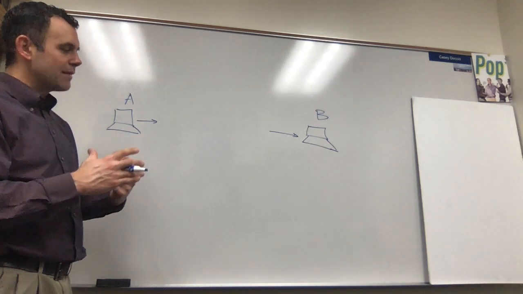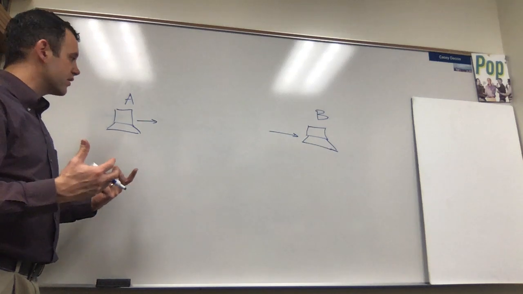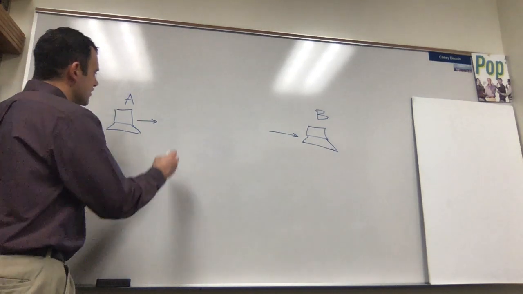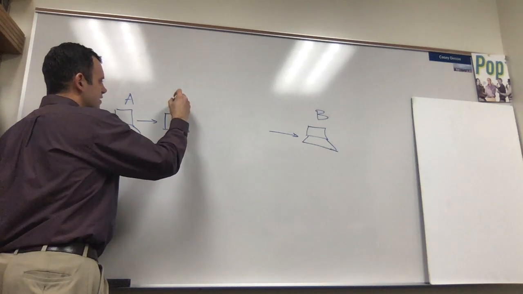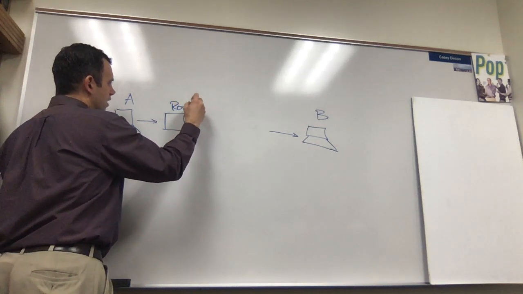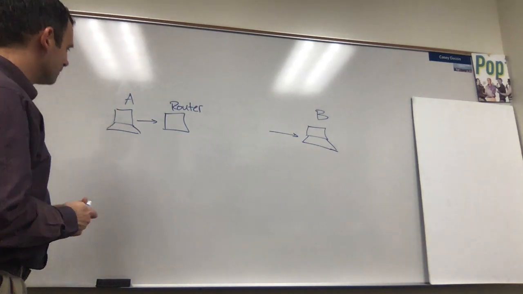In that case, it also happens to be a wireless local area network, but nonetheless, it is a local area network. All those machines are connected to a common piece of hardware that we call a router or a router, depending on where you are in the world.